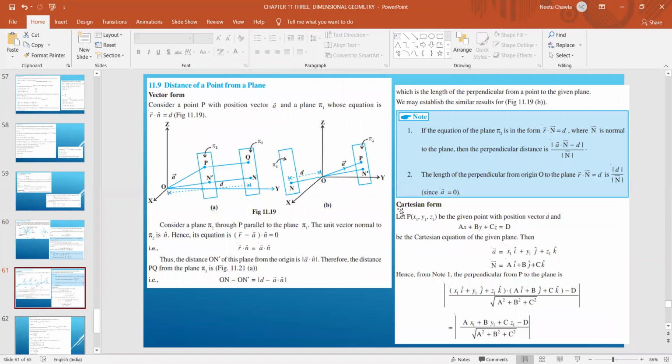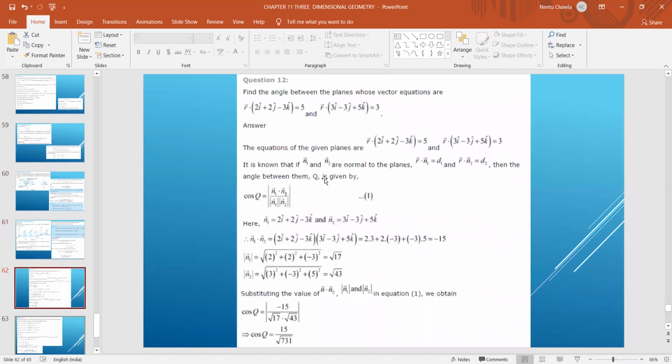So the next question was there on this basis. See here, find the angle between the planes whose vector equations are given by this. R vector dot this, your n1 vector, is equal to 5. R dot this, your n2 vector, is equal to 3. So you have n1 vector and n2 vector, and we just find the angle between these two vectors.